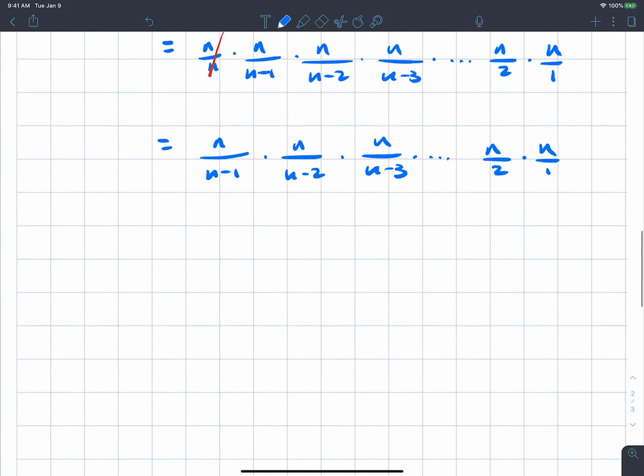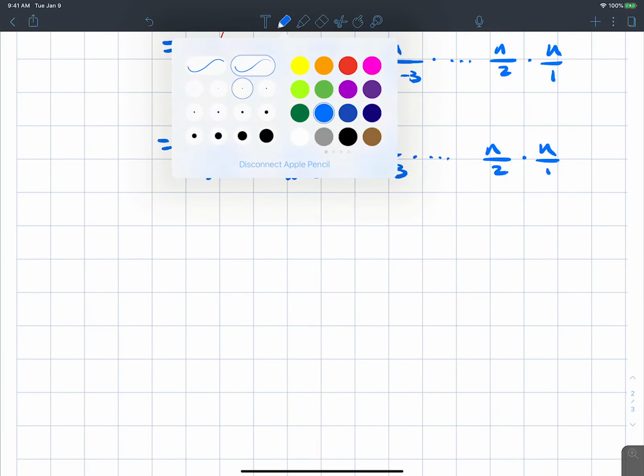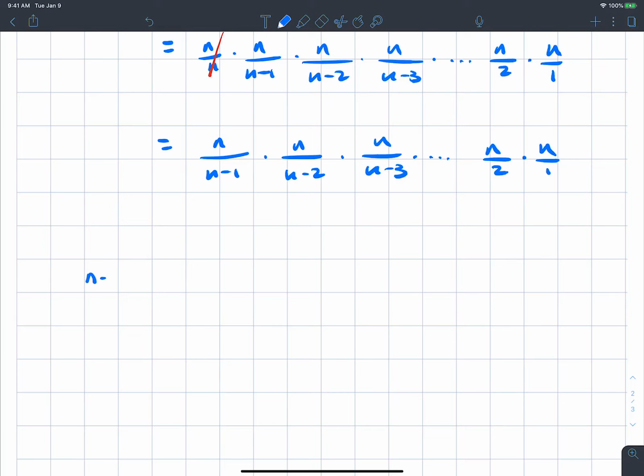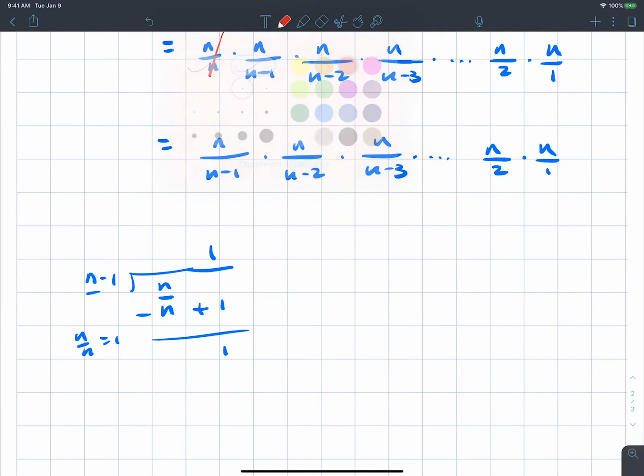Then I'm going to take a closer look at each one of these terms. I want you guys to do another note within a note: when you divide n by n minus 1, you take n over n, which is 1. Then 1 times n minus 1, subtract, and you have 1. I'm left with this remainder here. So I have this quotient and remainder, doing my division.